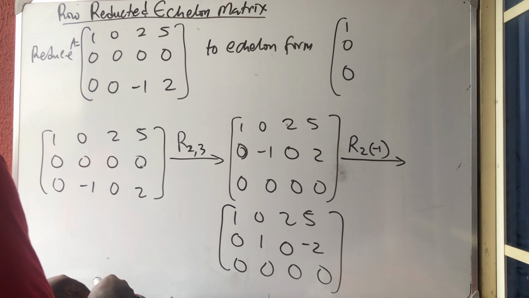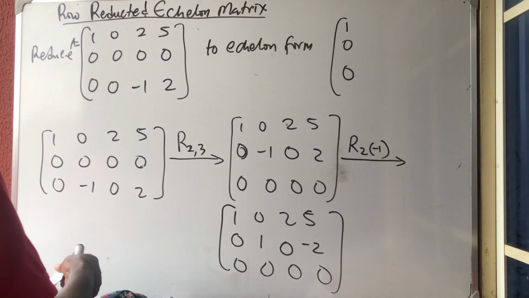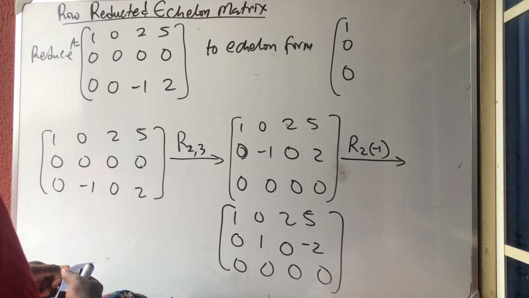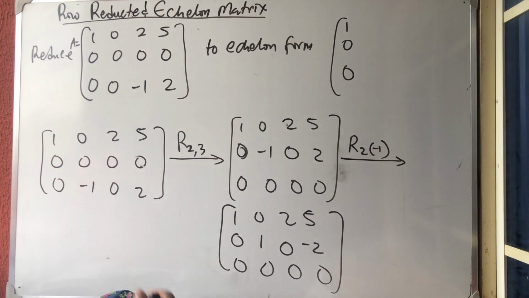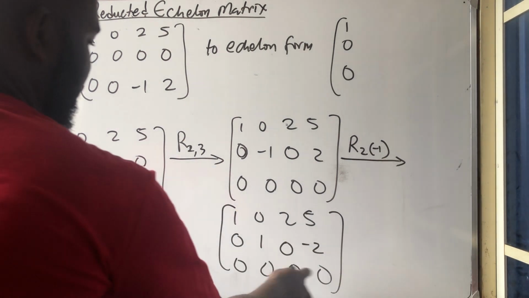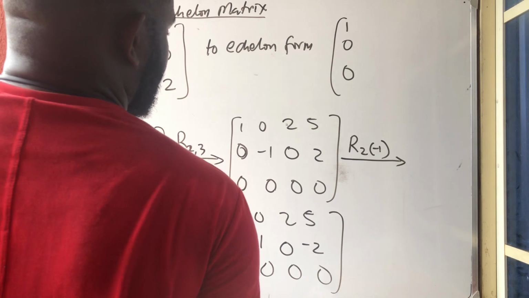The leading entry must be 1, and then everything under it will be 0. Okay, I think that is that. There is no leading entry here, so there is nothing to do. There is no leading entry here. So that is that. So this is it.